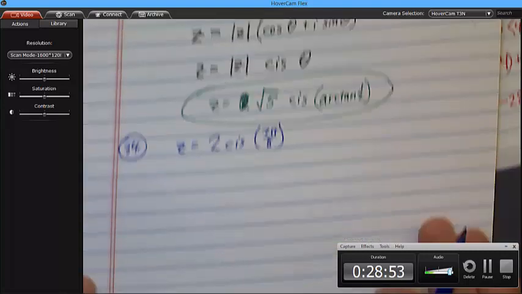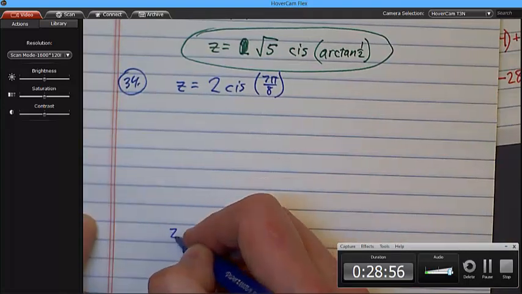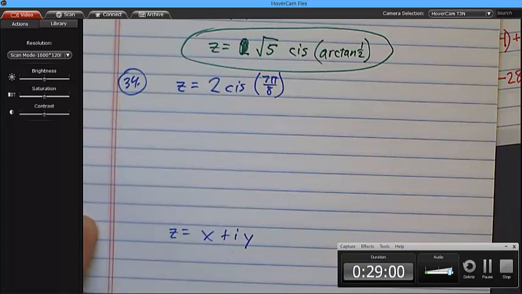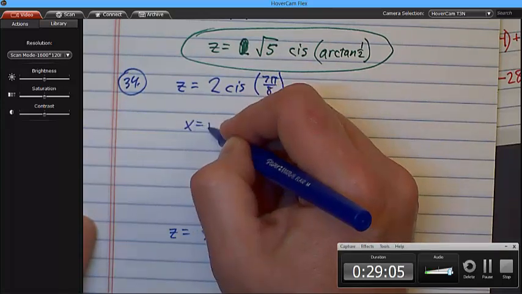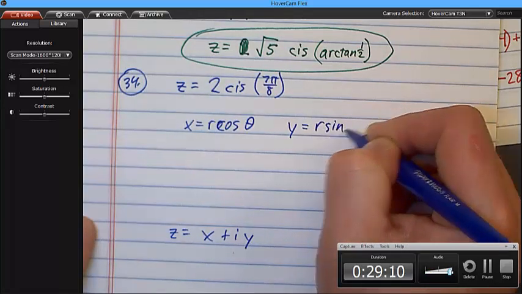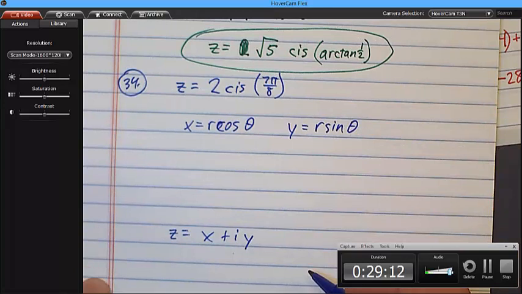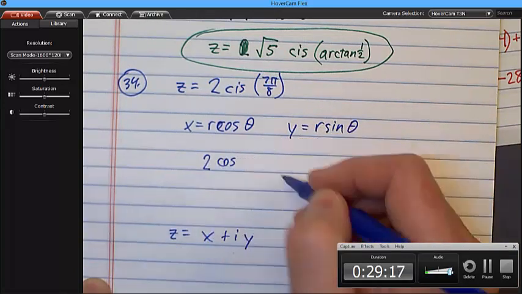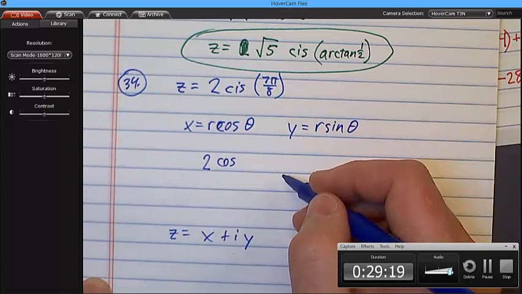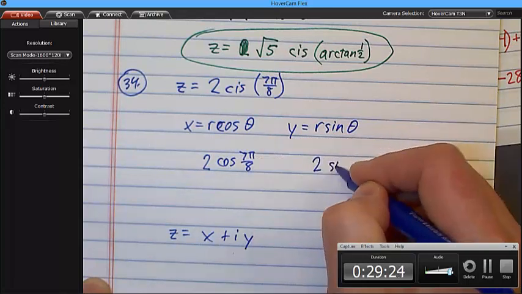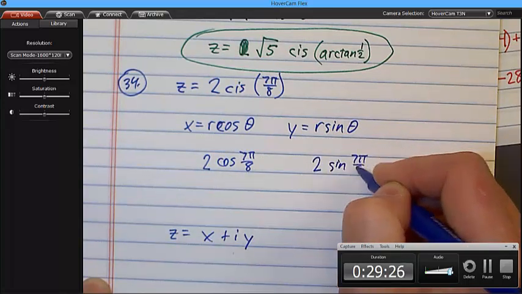If I say, hey guys, I want you to write the x and y coordinates, all you have to do is this. We know x is r cosine theta. We know y is r sine theta. So what would I do to get x? 2 cosine of what? 7 pi over 8. And I would do 2 sine of 7 pi over 8. And I can go back and forth this way.